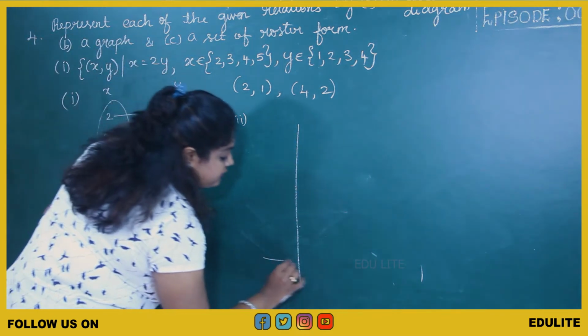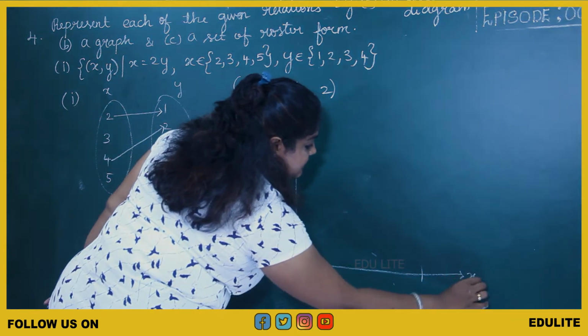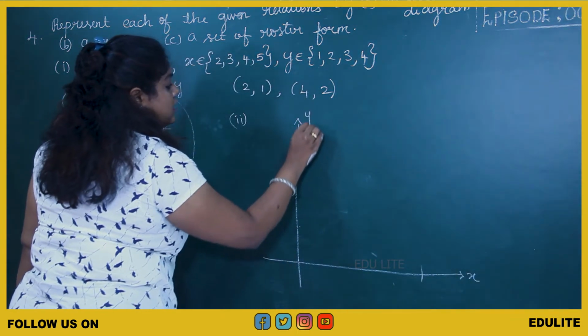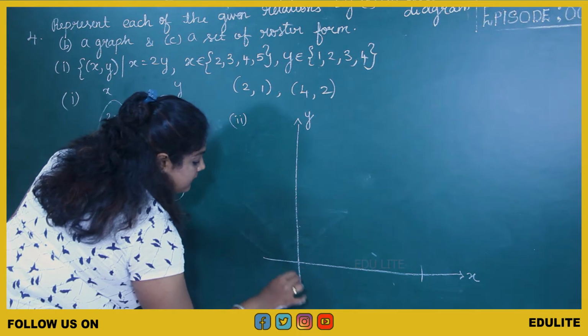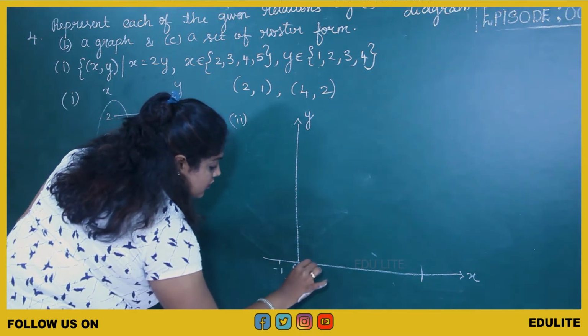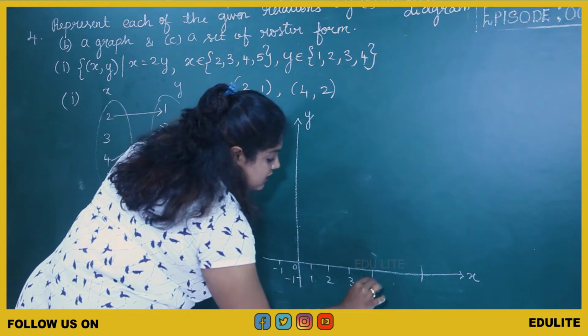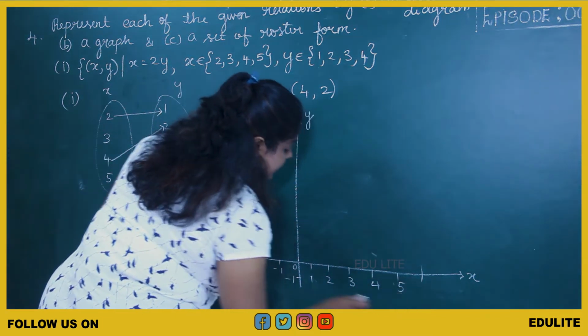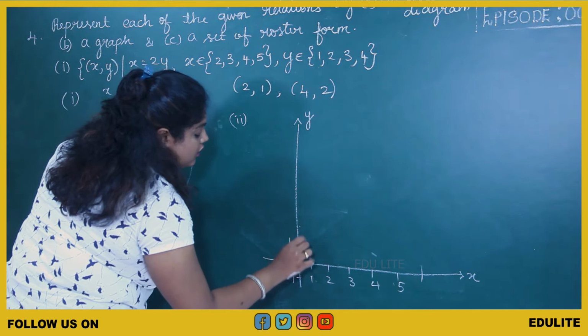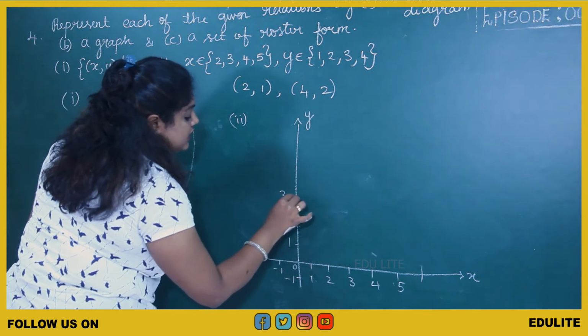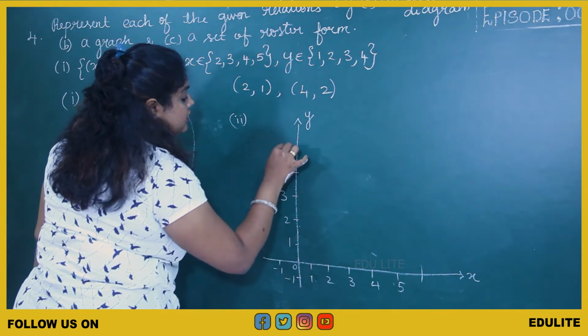So in a graph, this is the x-axis and this is the y-axis. 0, 1, 2, 3, 4, 5 and along the y-axis 1, 2, 3, 4, 5.